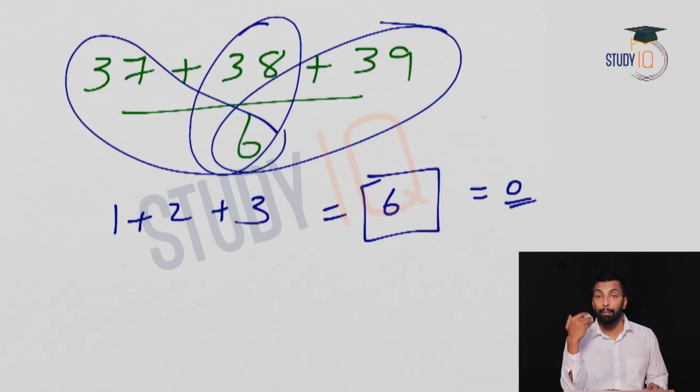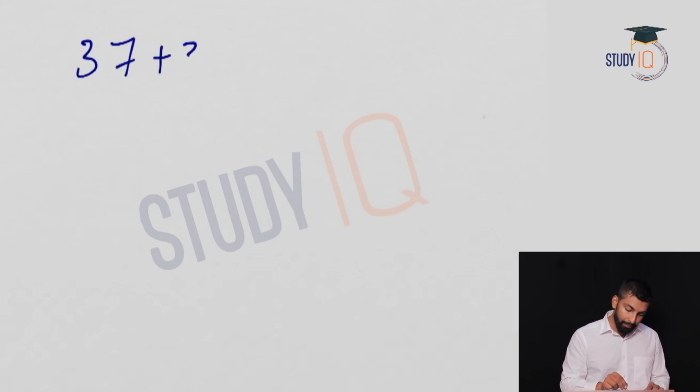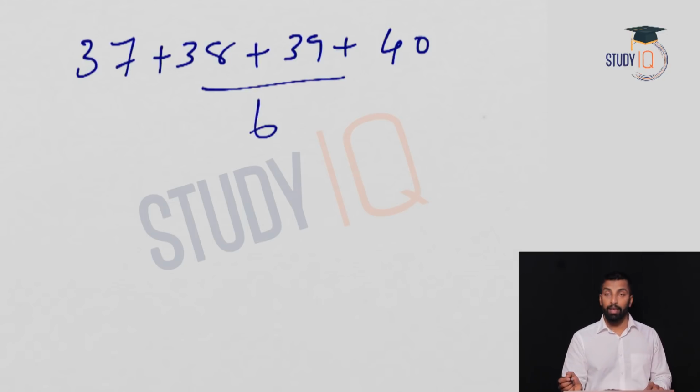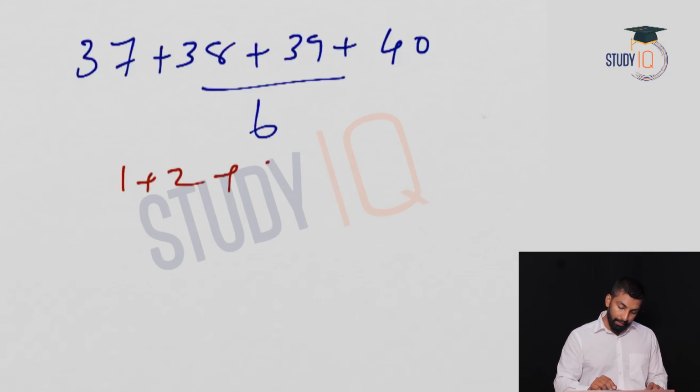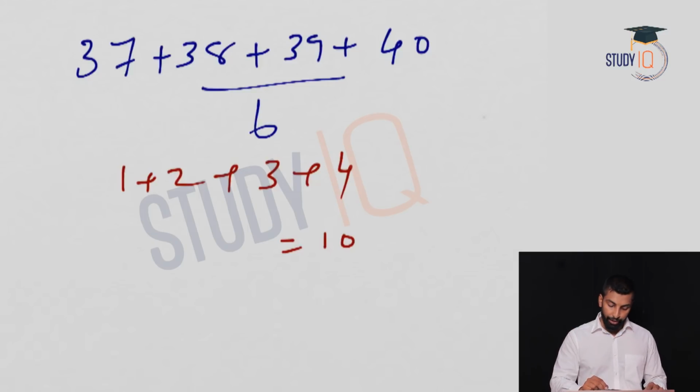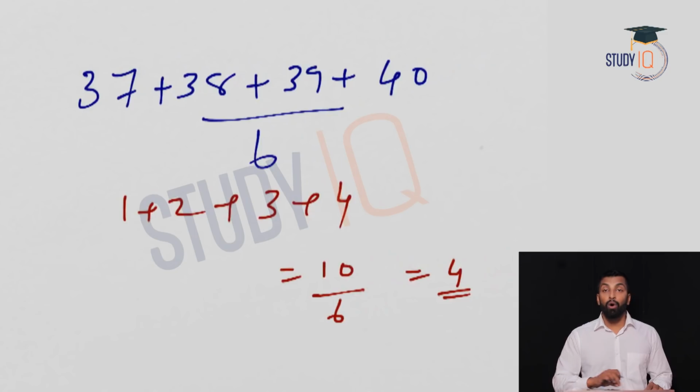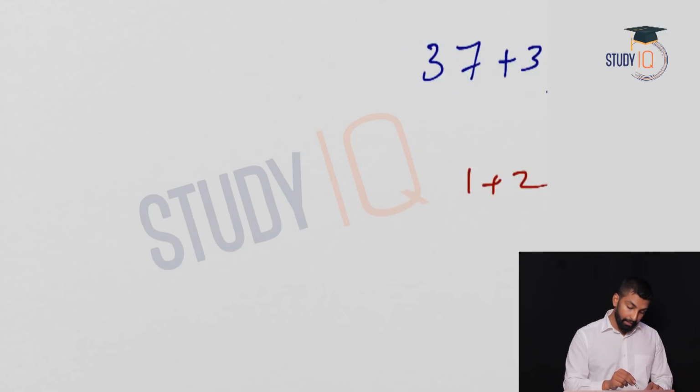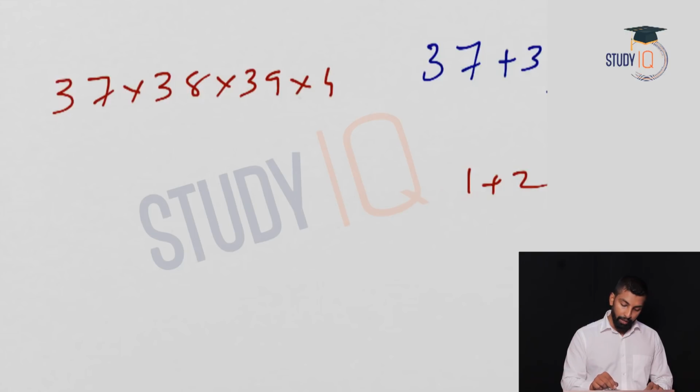Now if you get a number greater than the divisor, you further divide it by the divisor. For example, 37 plus 38 plus 39 plus 40 divided by 6. The numerator is written as a sum of 4 numbers, so you can write it as 1 plus 2 plus 3 plus 4, that is nothing but 10, which is greater than the divisor, so you divide again, and you get 4. Now what if it is given as a product? 37 into 38 into 39 into 40 divided by 6.